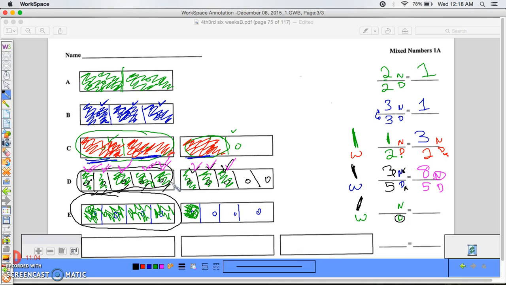So for one group, I need 1, 2, 3, 4. 4 pieces to make one group. Now your numerator, this is where you look at the second picture. How many do you have shaded? Oh, 1. Just one little piece in there. And there's my mixed number, 1 and 1/4.